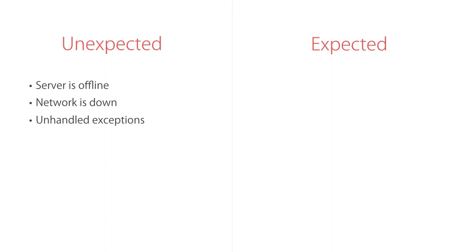When it comes to handling errors, we have two types of errors: unexpected errors as well as expected errors. Now there are three types of unexpected errors. The first type is when the server is offline. So the client sends a request to the server, but the server is not up and running to respond. So that's the first type. The second type is when the network is down. So the server is online, but the client cannot reach it.